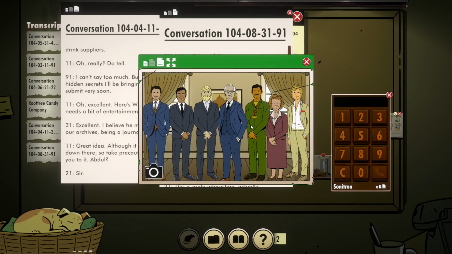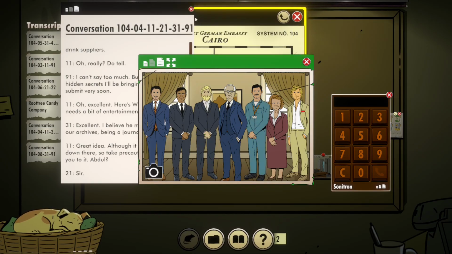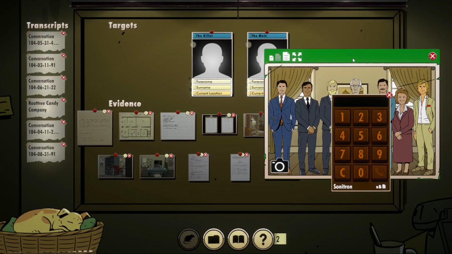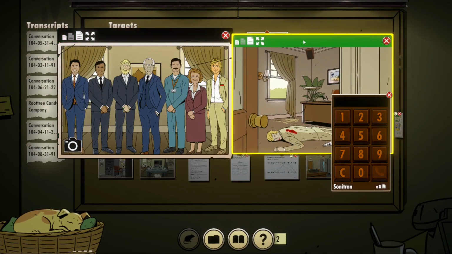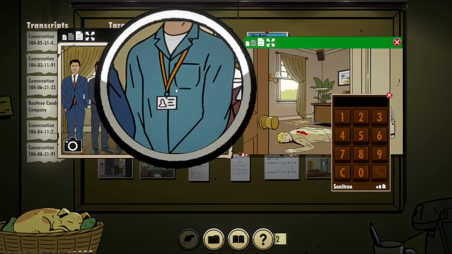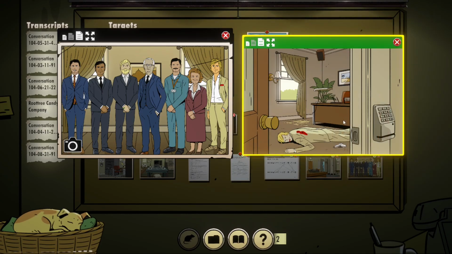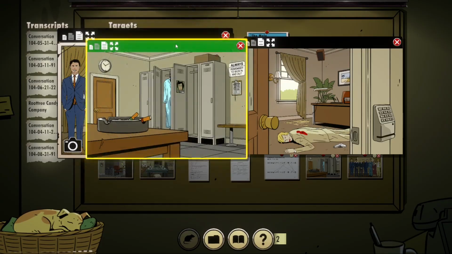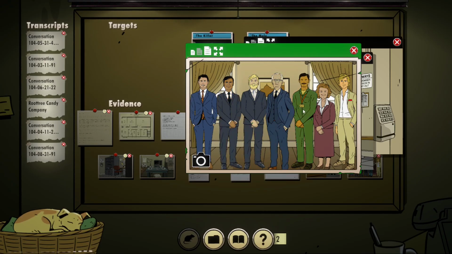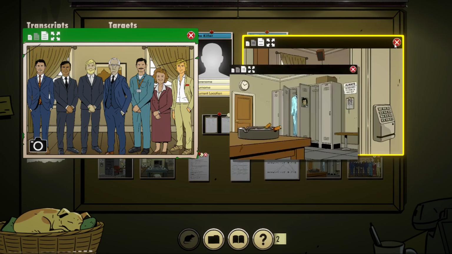We've got pictures. Wait. Wait a minute. Is that? Seven people.